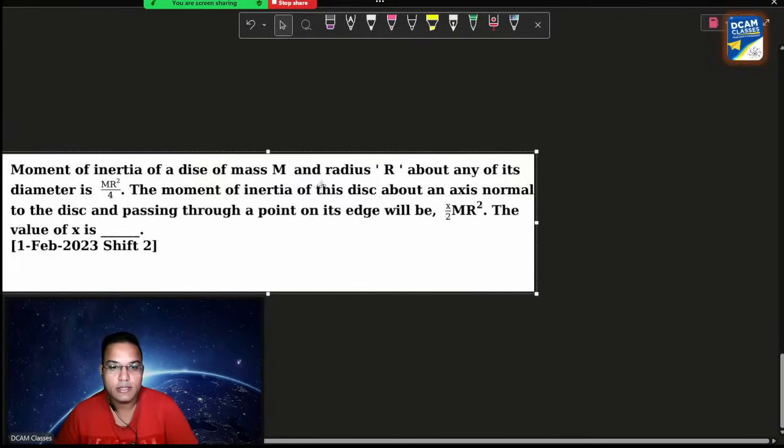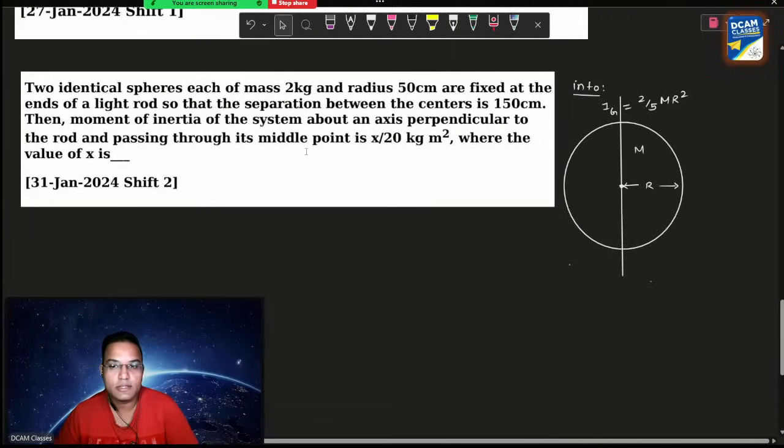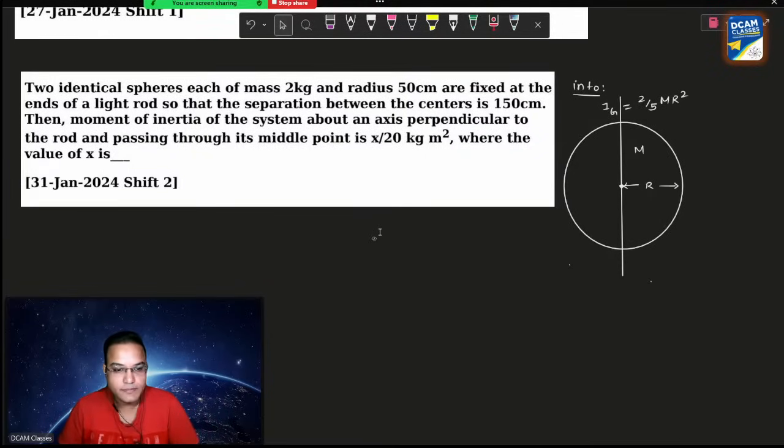Let me delete that question for perpendicular. Do you want me to draw the diagram for this, or is it okay?